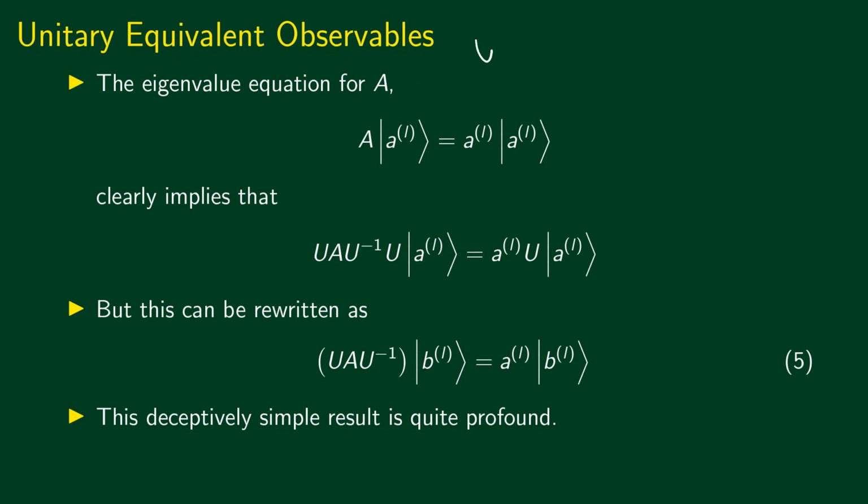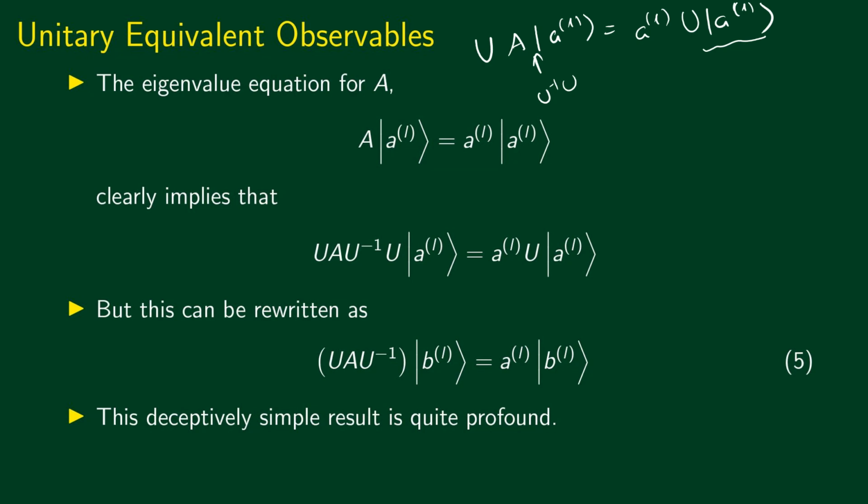U A acting on ket a_l is equal to, since a_l is a number, I can write it here, a_l and then U acting on ket a_l. Now this is in a nice form because U acting on ket a_l will give you ket b_l. But in between this U and this ket a_l, there is this observable A. So in order to write it in terms of ket b_l, let's write a U inverse U here.